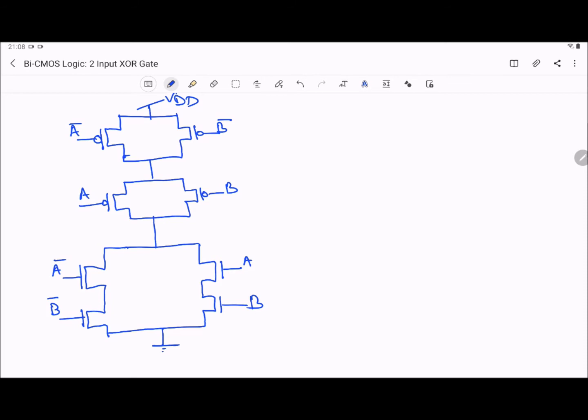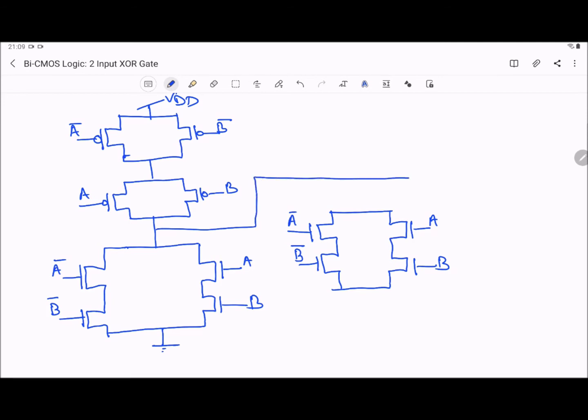We require a copy of the pull down network, so draw a copy of the pull down network as well. A bar, B bar, A, B. The output of the CMOS stage will go as an input to the base terminal of the BJT transistor.